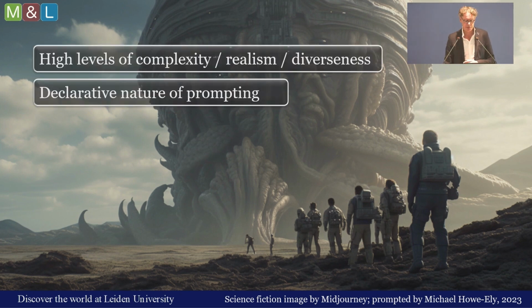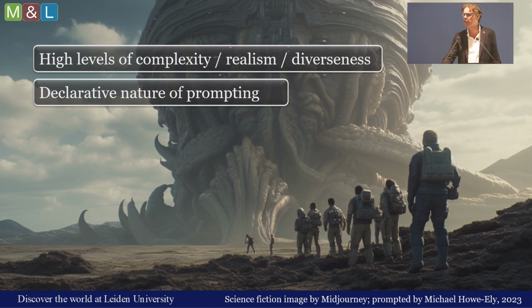First of all, the level of complexity of modern generative AI systems is much higher than the old ones, and the realism, the diverseness of what they can create. Systems like Aaron and The Painting Fool would be able to create many different paintings, but they would be very recognizable as coming from the same system. That's not the case in systems like Midjourney or DALL-E 2, these image generation systems.